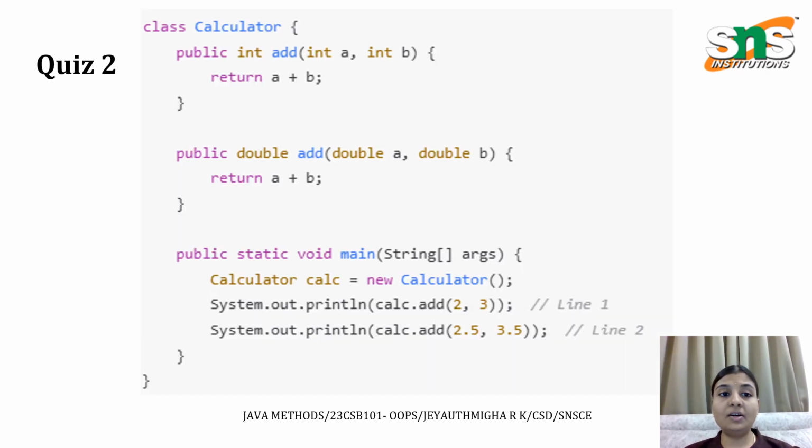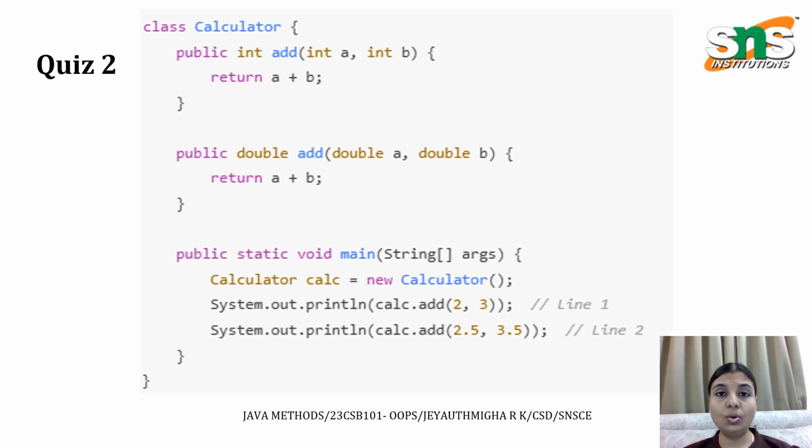And then we have quiz 2, which is a calculator program for adding numbers. Here we have a class, and then two functions, int add and double add. Int add will add two integer values, and double add will add two double values.